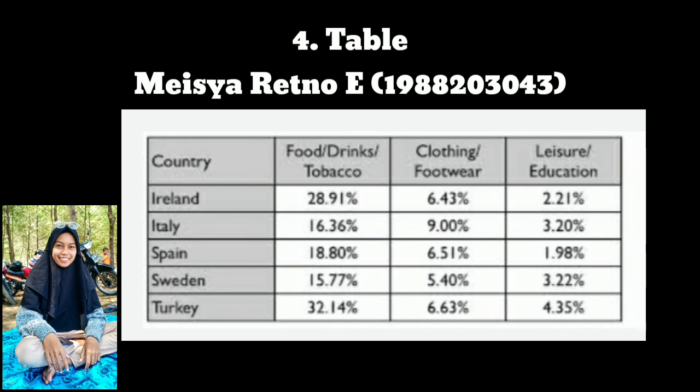Clothing and footwear was the third category of consumer goods and outlays. For those items, spending was between 9% in Italy and 5% in Sweden. The national spending in this area for the remaining countries averaged around 6%.